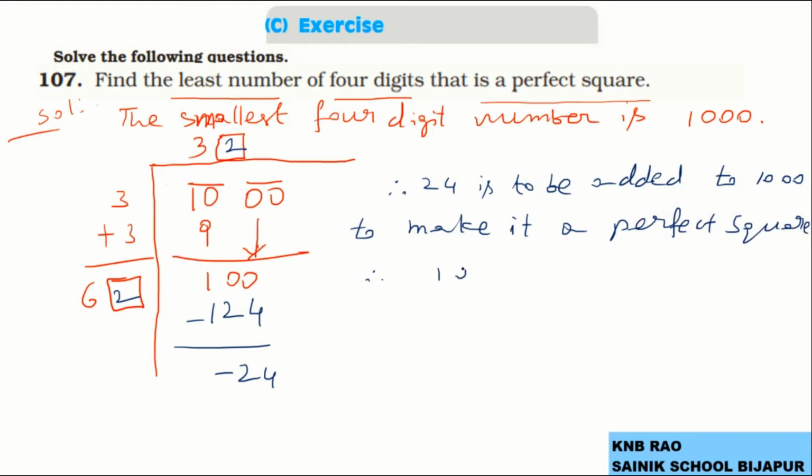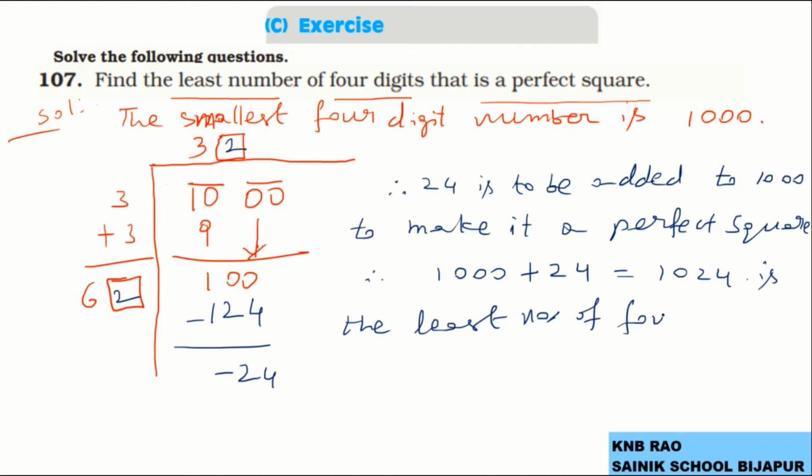Therefore 1000 plus 24, which gives 1024, is the least number of 4-digit perfect square.